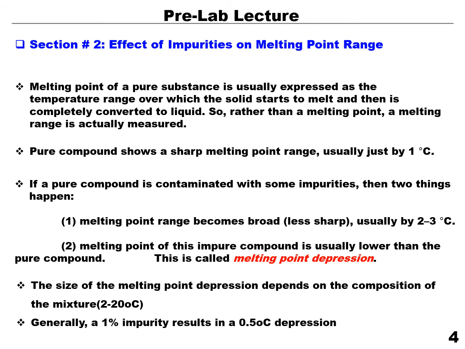And generally, if there is 1% impurity in a given mixture of substances, there is about 0.5 degrees Celsius depression from the actual melting point of the pure compound.